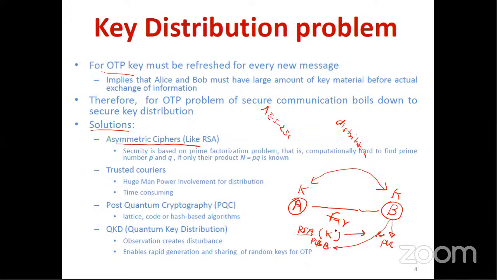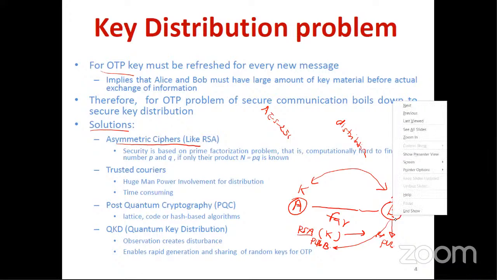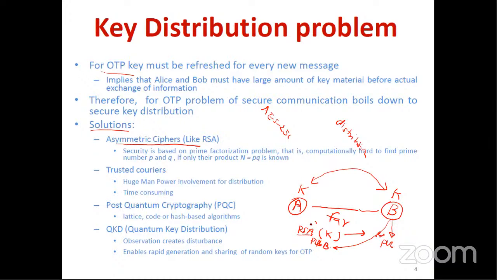Using the private key, only Bob can decrypt it and get this K. So using a public key cipher such as RSA, we can distribute this kind of keys.